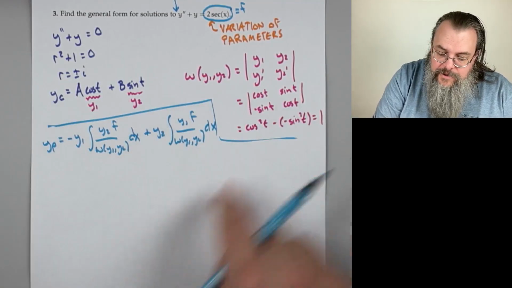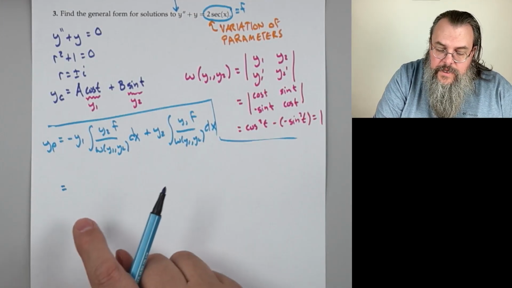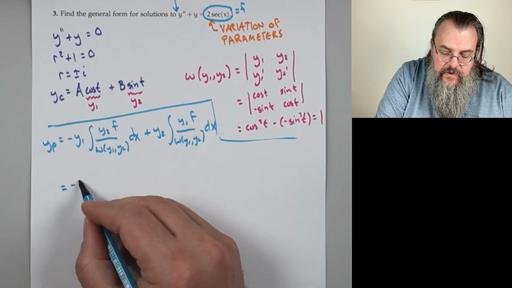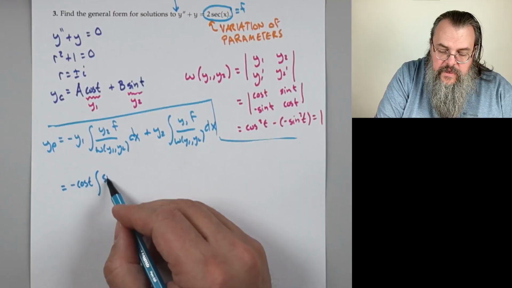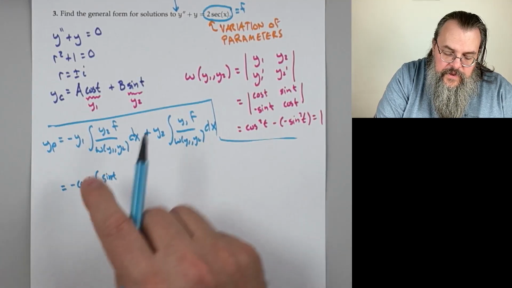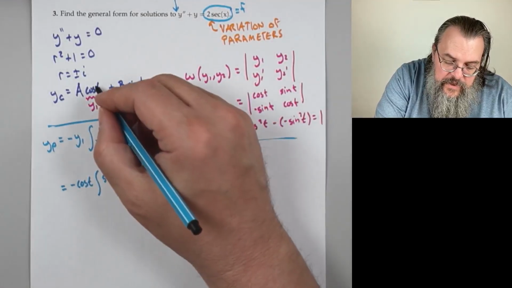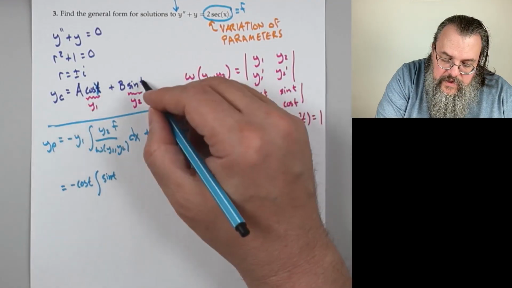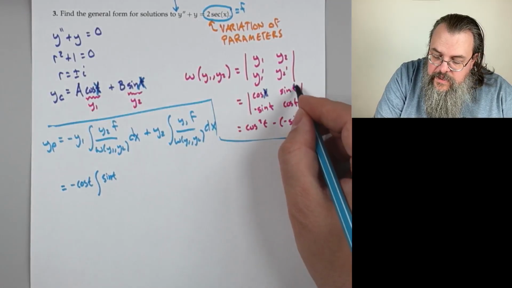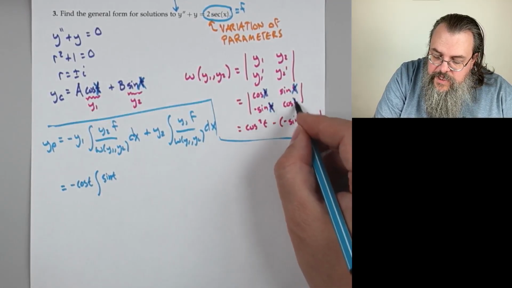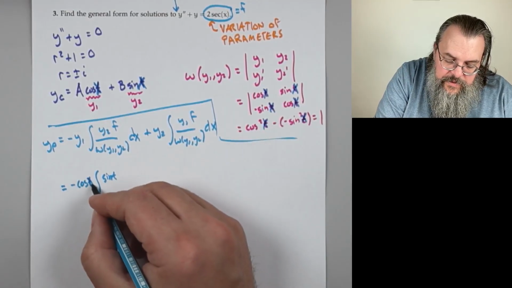Okay, so we're putting in all the pieces. We have minus y1, so that's minus cosine t integral sine of t, whoops, not t, x. Why have I been writing t's, x's? I am so sorry about that. It's easy for me to get caught up. Sometimes things are t's and sometimes they're x's. I apologize. There we go.